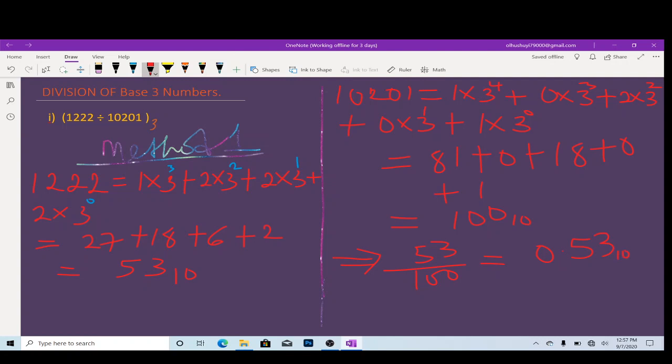That is 0.53 in base 10. So how do we go with this? You use that approach. From here, you pick the numerator, divide, and express in base 3.